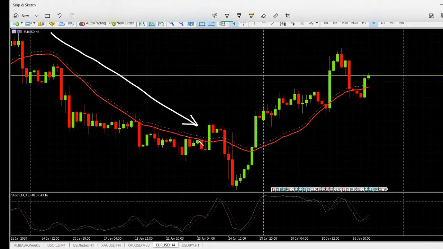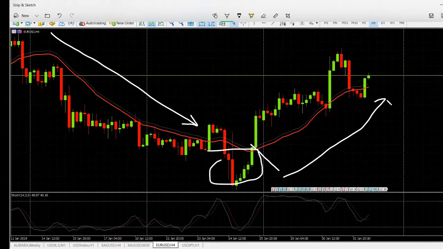Up to here, and from here we change the direction to uptrend. So with the moving average, we can recognize the trend, which is uptrend or downtrend.